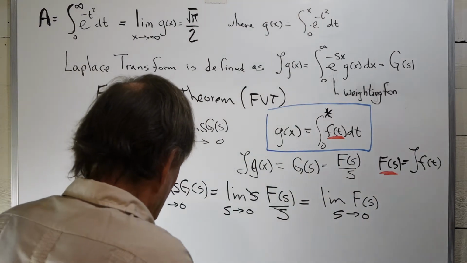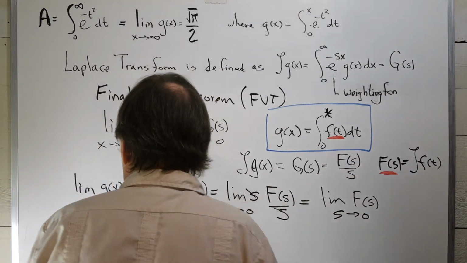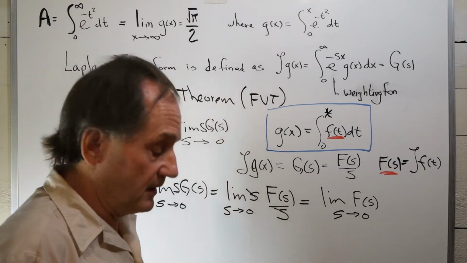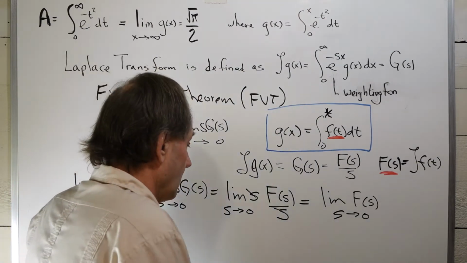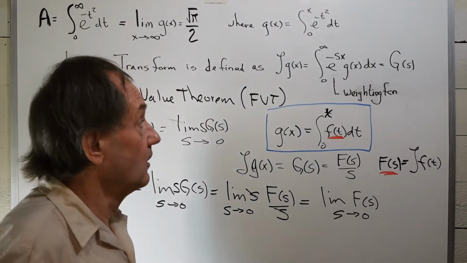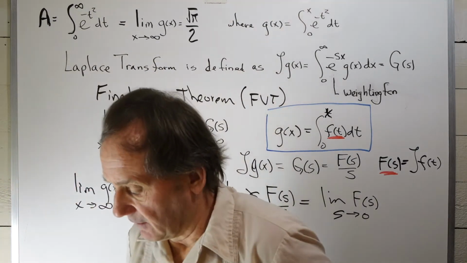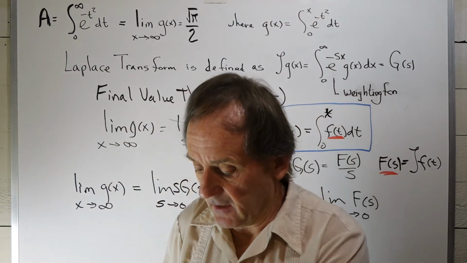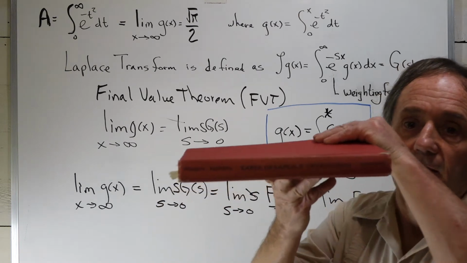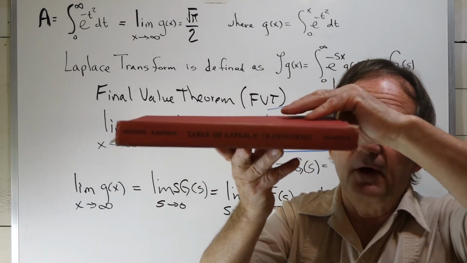Now, the trick is, how do we find the Laplace transform of e to the minus t squared? Well, you can either compute it directly, which I will do at the end, or you can have, like I do, a book of tables of Laplace transforms, what we call transform pairs.